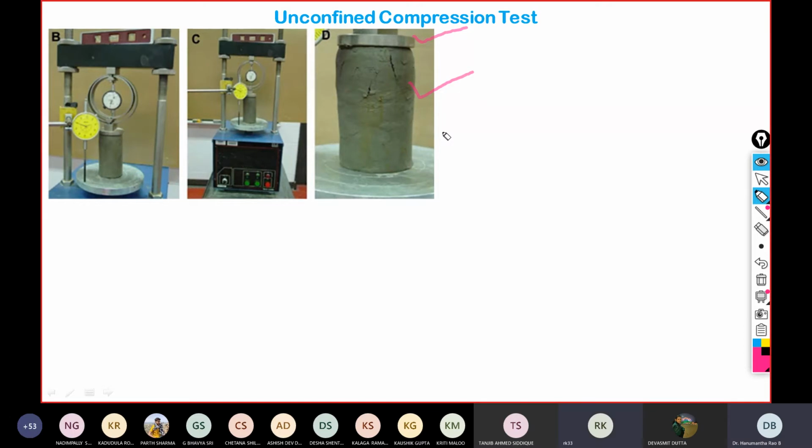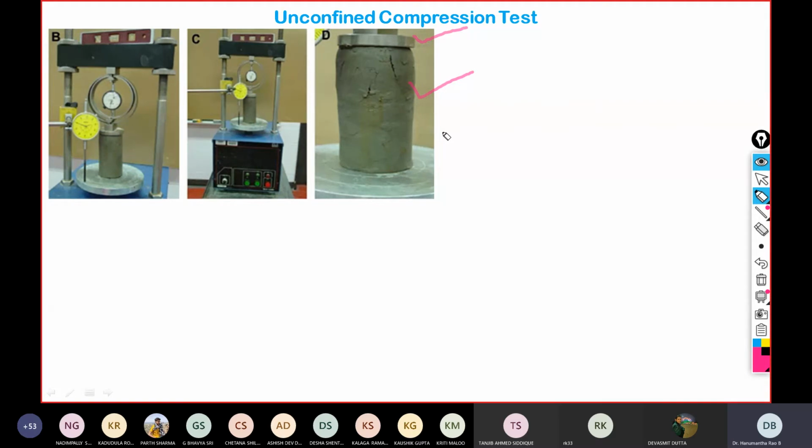Sir, in over consolidated soil, can you tell the second reason again? The second reason, this normally consolidated, over consolidated. No, sir, that soil sometimes does not show any angle of failure. See, the first reason is wrong placement of a plunger. If there is any tilt in the plunger, then we may often get bulging in the soil sample.